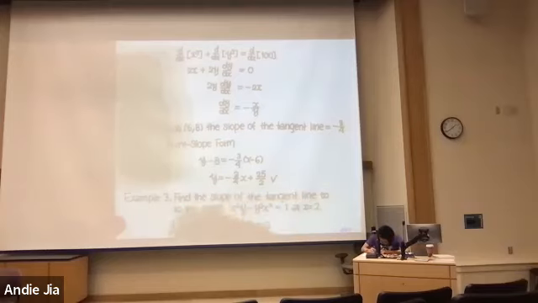That is x squared dy dx, minus, we keep y squared this time, 2y squared dy dx, plus 2xy squared, equals 0.